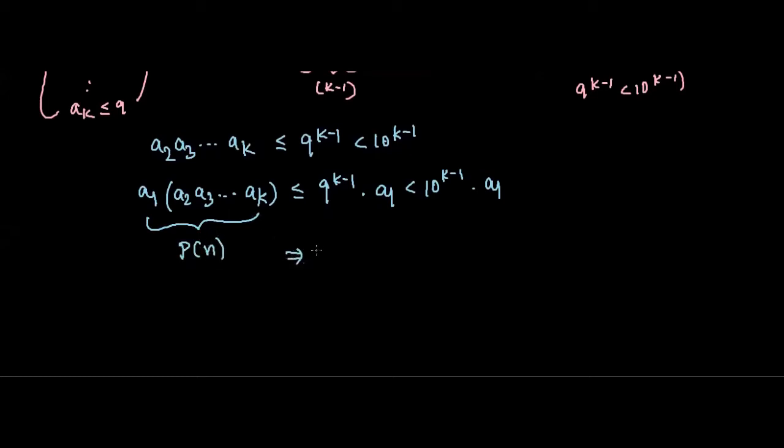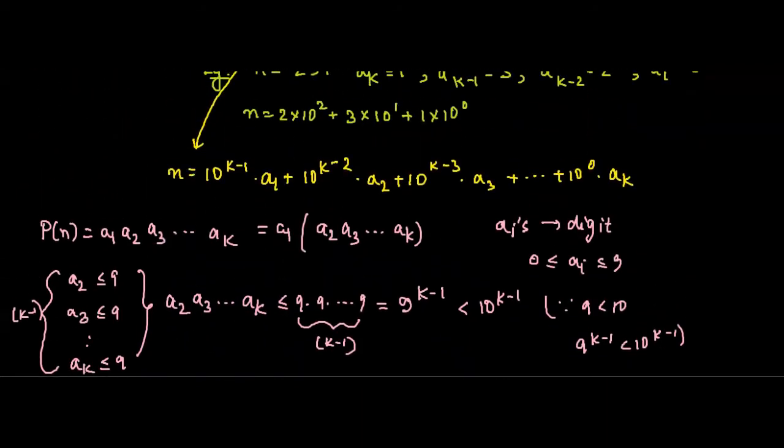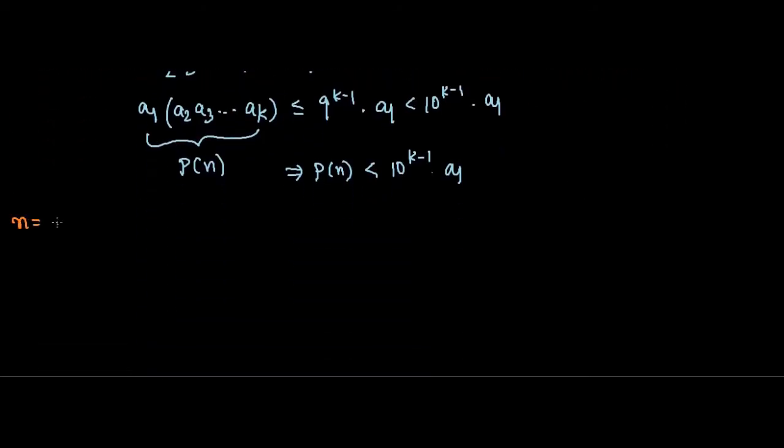So we can say that the product of digits of n is strictly less than 10 to the power k minus 1 times a1. Now remember the decimal expression of n that we had derived over here. So we have expanded n in this form. Now let's take a look at that expanded form of n.